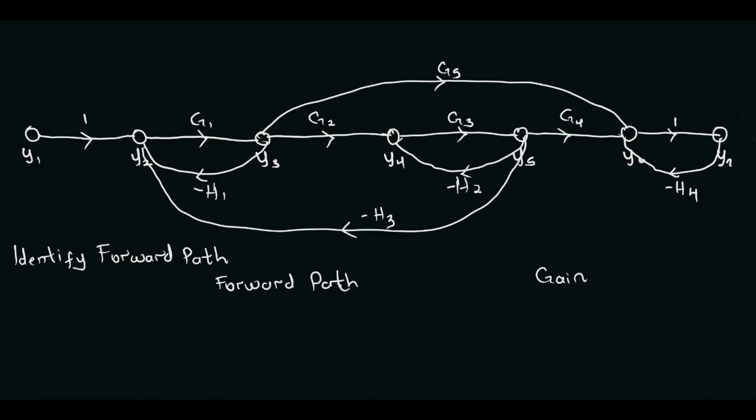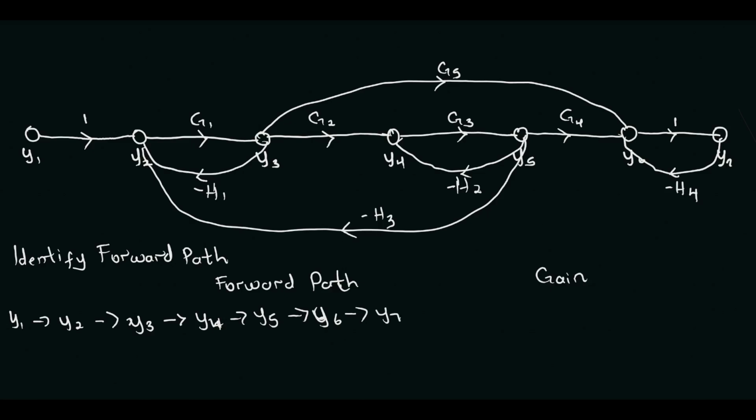The first forward path is y1 to y2 to y3 to y4 to y5 to y6 to y7.